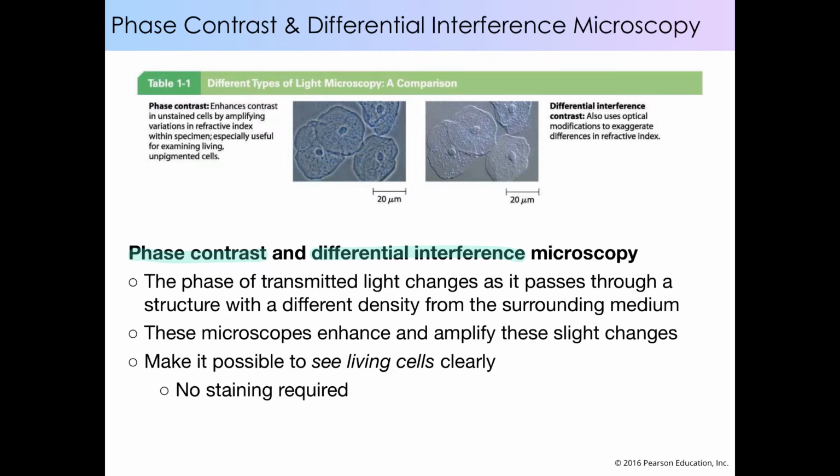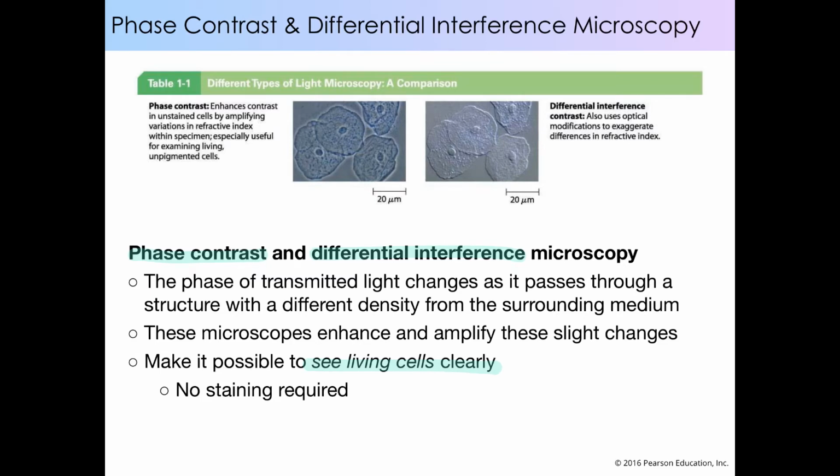Now, the phase contrast and differential interference microscopes exaggerate these refractions so that different parts of the cell look different. And that allows us to see a little more detail, as you can see in these images, without having to actually stain the cells. So these types of microscopes are useful for visualizing living cells.